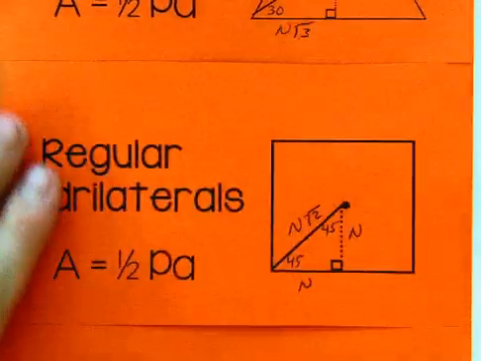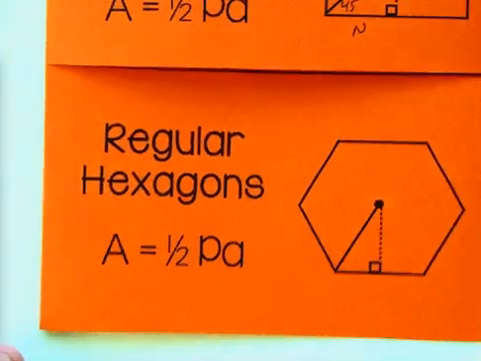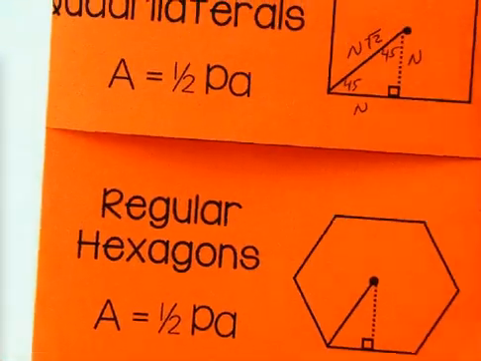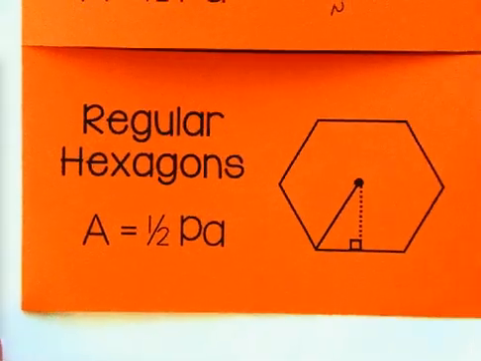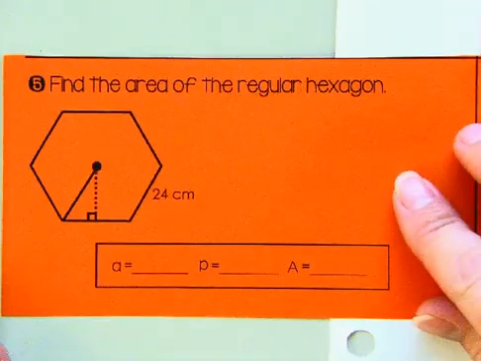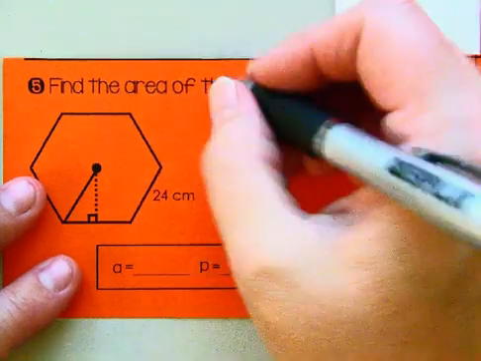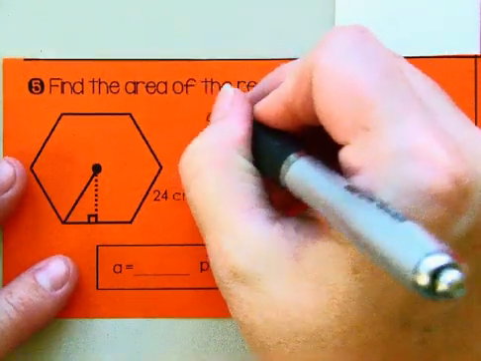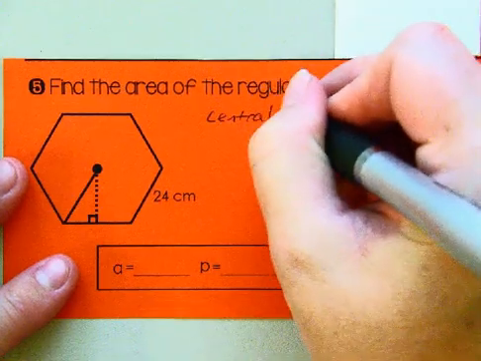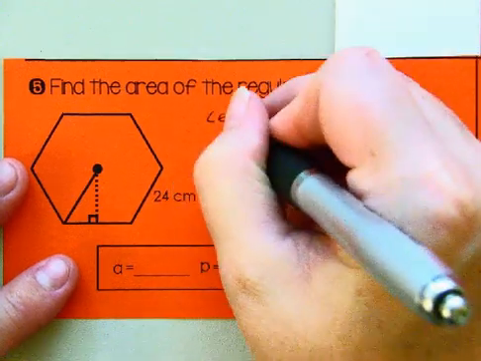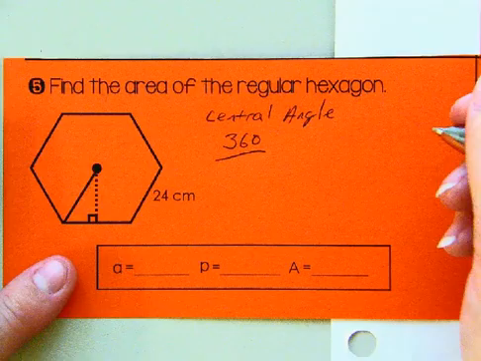The last one that we have is the regular hexagon. So for that one, again, we're going to start with that central angle. So we're going to take 360 divided by the number of sides, which in this case is 6.